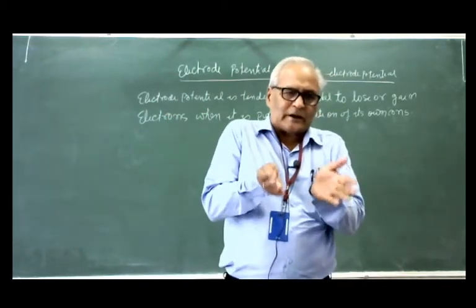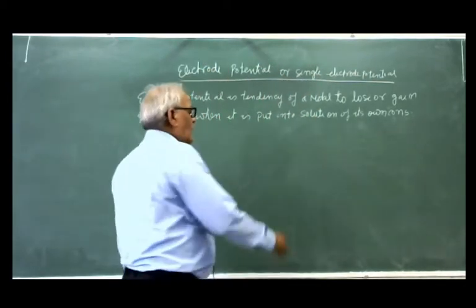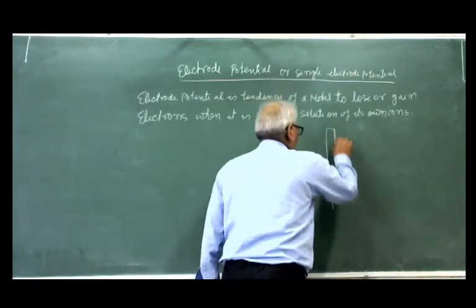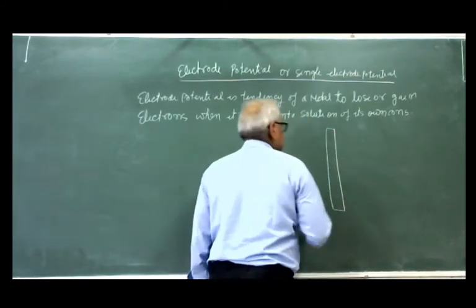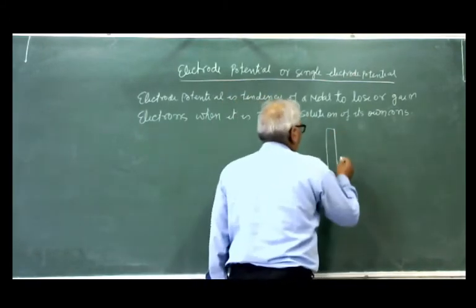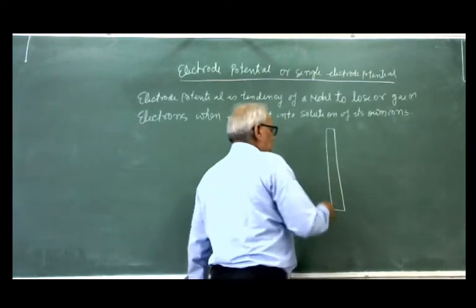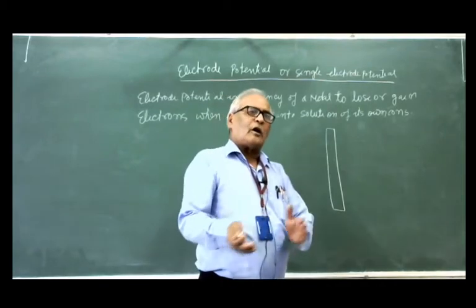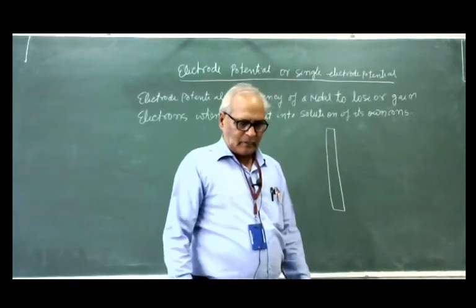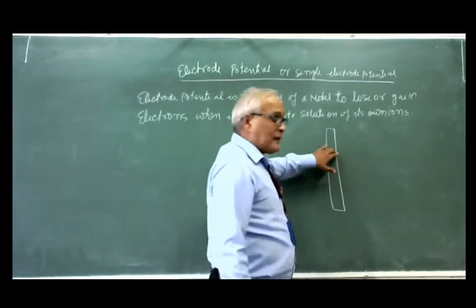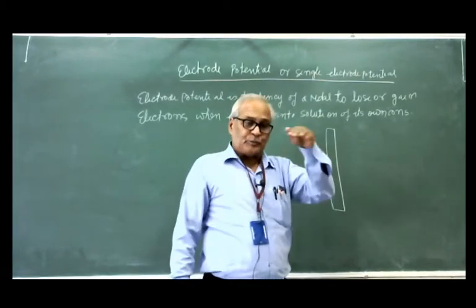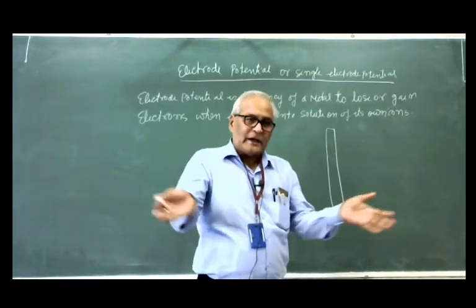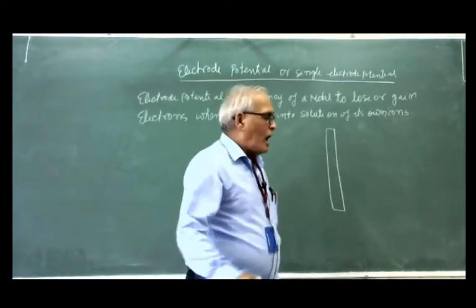So actually what happens? Just see here. Suppose this is the metal rod. As soon as this metal rod is put into a solution of its own ion, that is, if the zinc metal rod is put into zinc ion solution, what will happen? A double layer is formed. How?